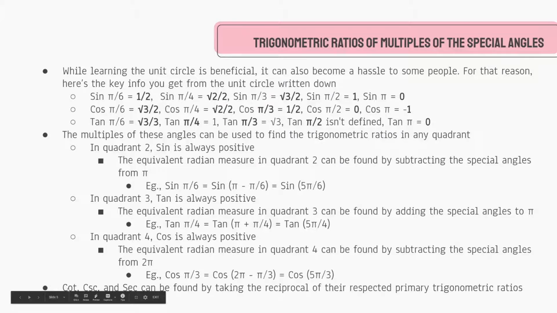For example, the cotangent of pi over 3 would equal 1 over tan pi over 3. So tan pi over 3 is equal to square root of 3. Therefore, cotangent of pi over 3 is equal to 1 over square root of 3. That's all you're doing. Just plop in a 1 over whatever value you were getting.